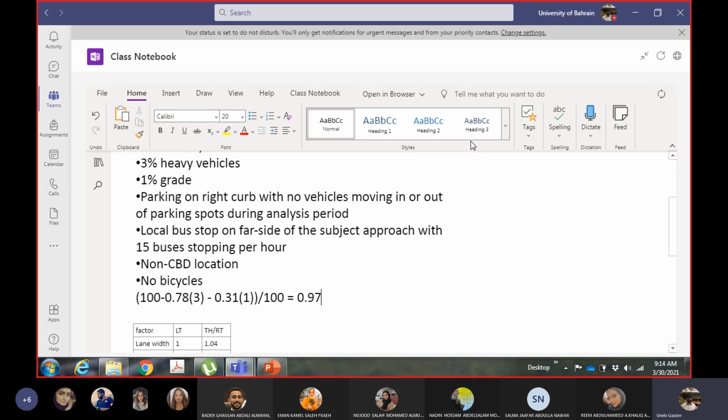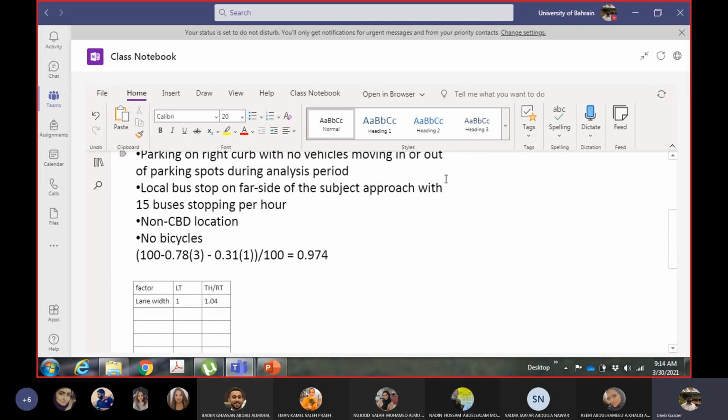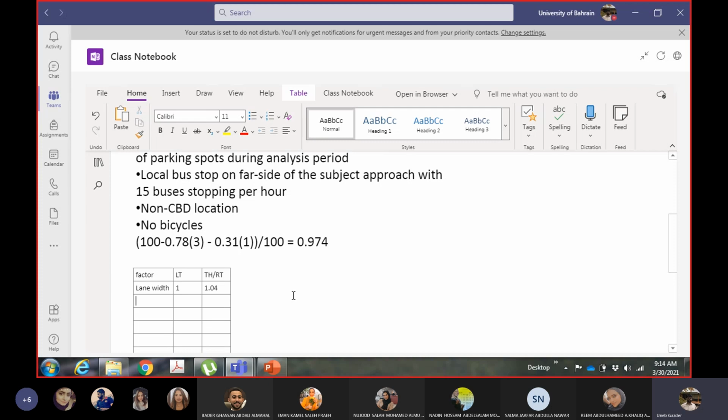Since they did not change the percentage of heavy vehicles, and obviously the grade will remain the same whether left turning or straight, I will take the same factor in both cases.